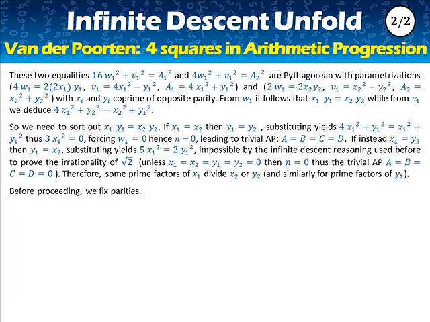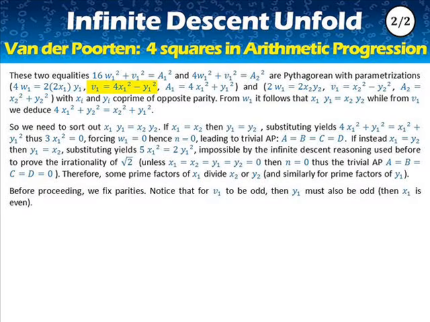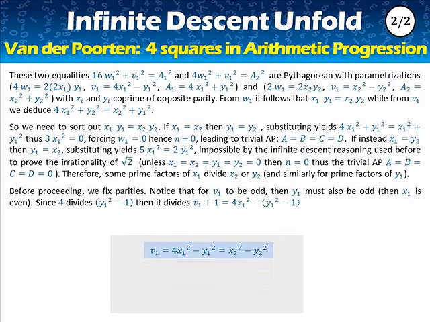Before proceeding with fixed parities, notice that for v₁ to be odd, y₁ must also be odd, then x₁ is even. Since 4 divides y₁² minus 1, it divides v₁ plus 1, which equals 4x₁² minus y₁² plus 1, and so also divides x₂² minus y₂² plus 1.